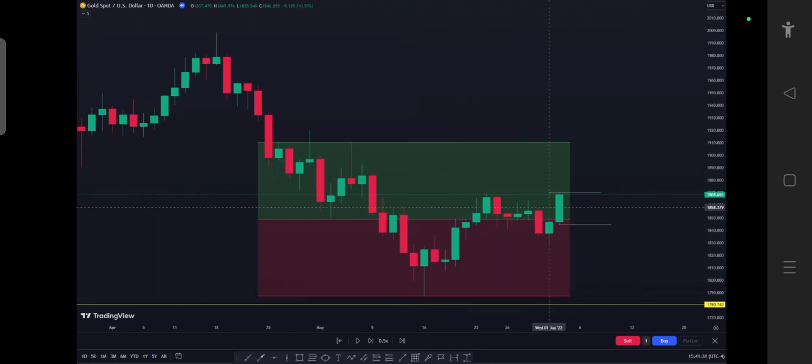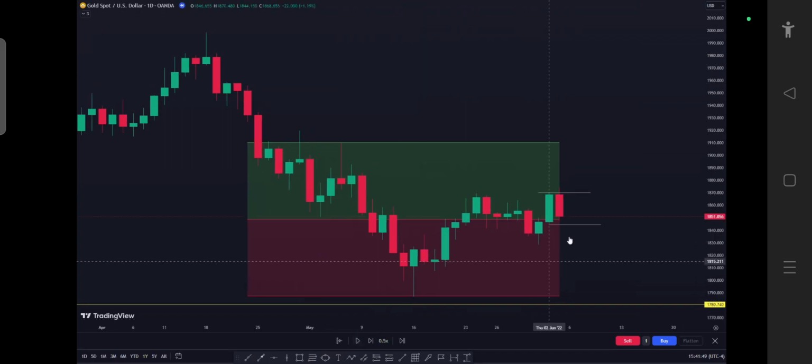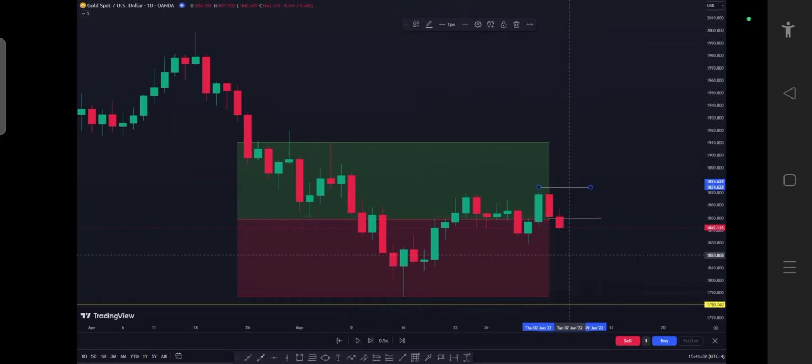So now what next? Target the high. Still buy side, because we have not traded below on a closing basis. Now we have traded below on a closing basis.